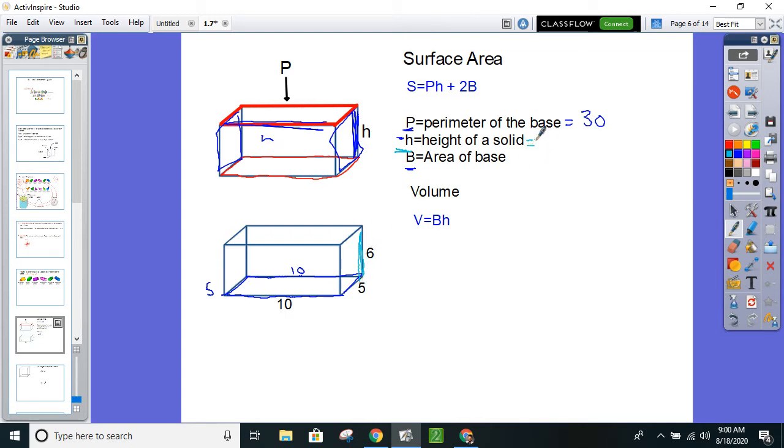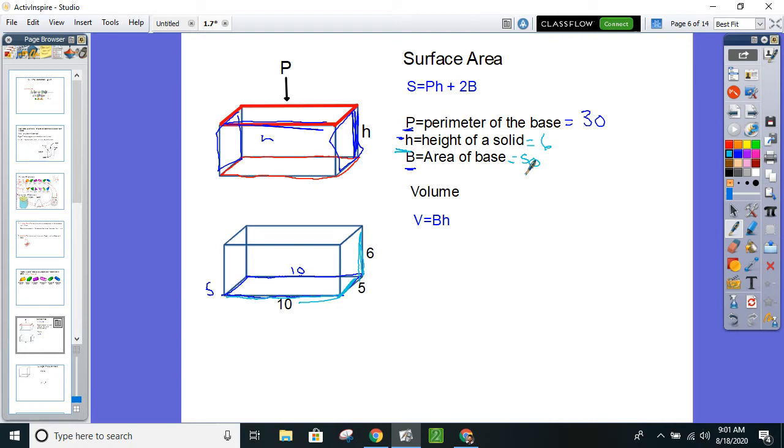That's our 6. And then the area of the base: it's a rectangle, and as we talked about in section 1.6 about two-dimensional figures, to find the area of a rectangle you take base times height. So side times side, length times width. 10 times 5, 50.